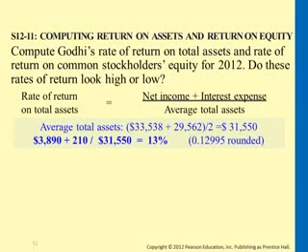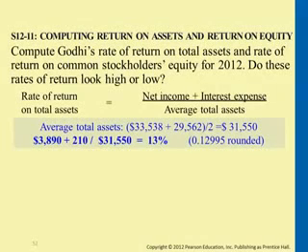So 13% is the rate of return on assets, meaning per dollar of average investment in the assets, it turns into $0.13 of return to shareholders and creditors on average. Okay, so remember the rule of thumb here, 13% is above the rule of thumb of 10%, so relatively speaking it's considered strong.